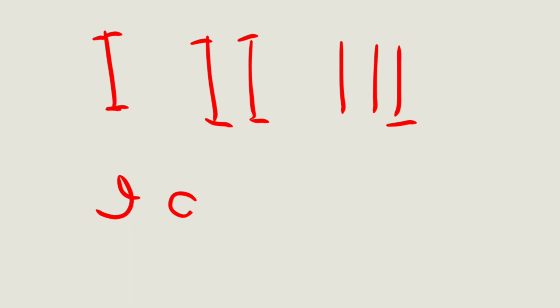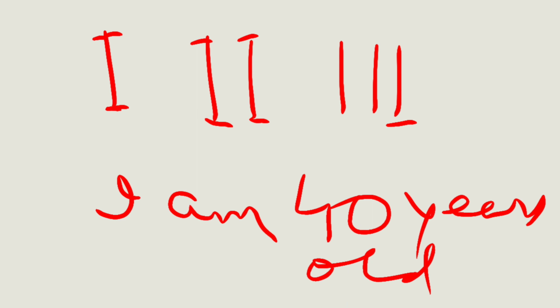I am 40 years old, you will write this. Tell whether the sentence is correct. No, the sentence is incorrect. We don't write the number over here, we are to write cardinals: forty years old. Got it?